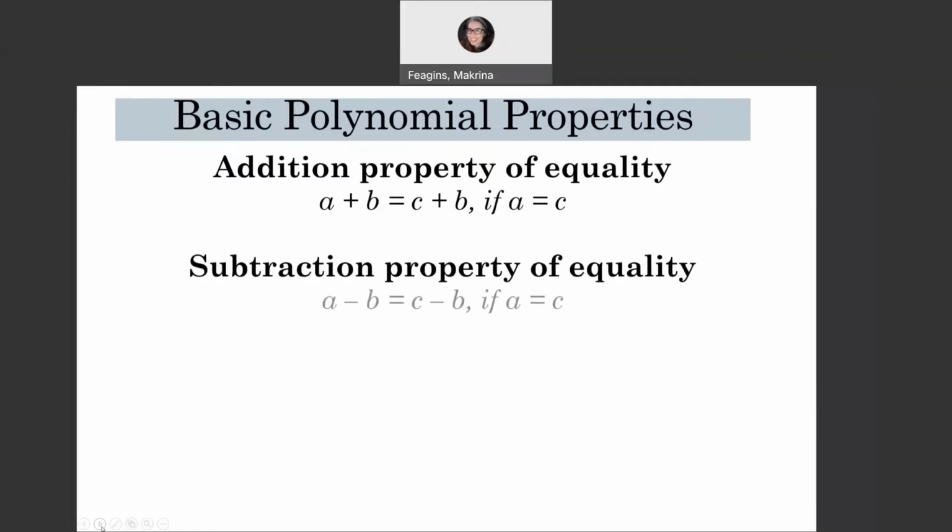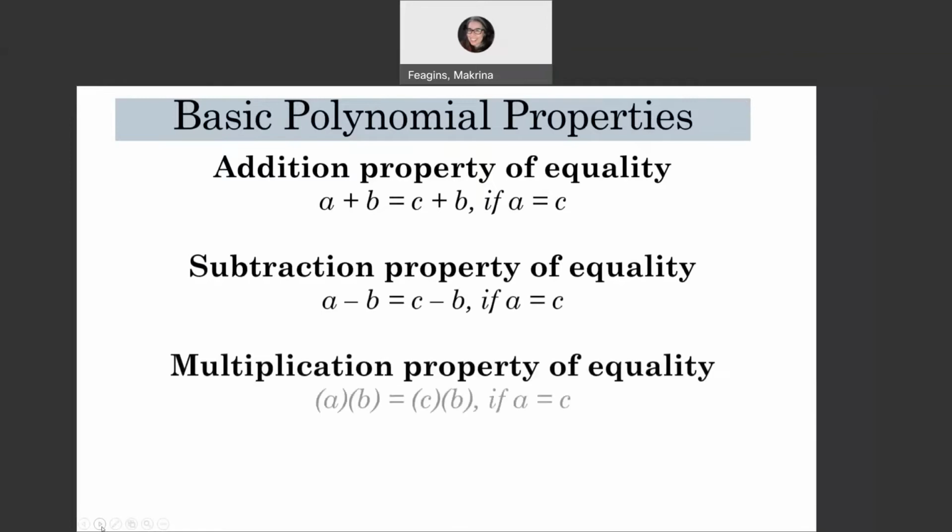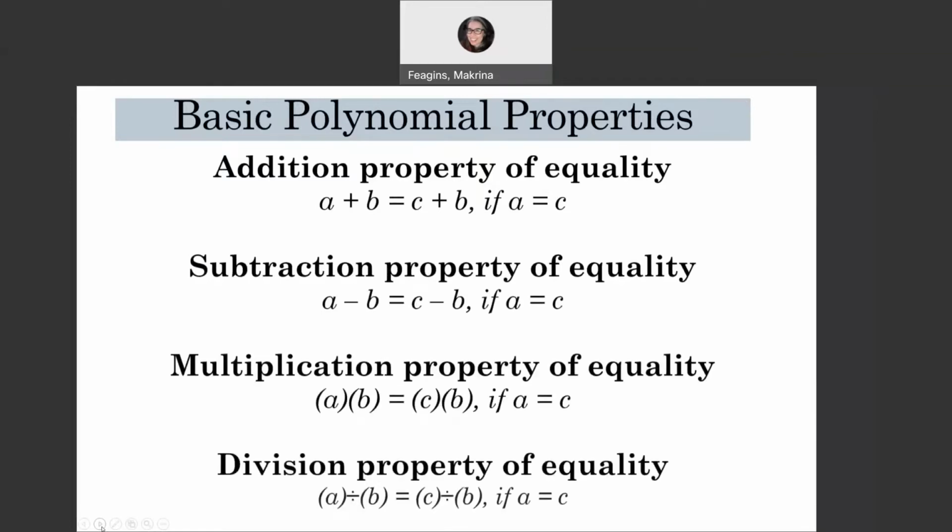Now, these properties of equality are so, so important for us because in algebra, we're trying to solve. We want to find a solution or a set of numbers or values or variables that will satisfy that solution.